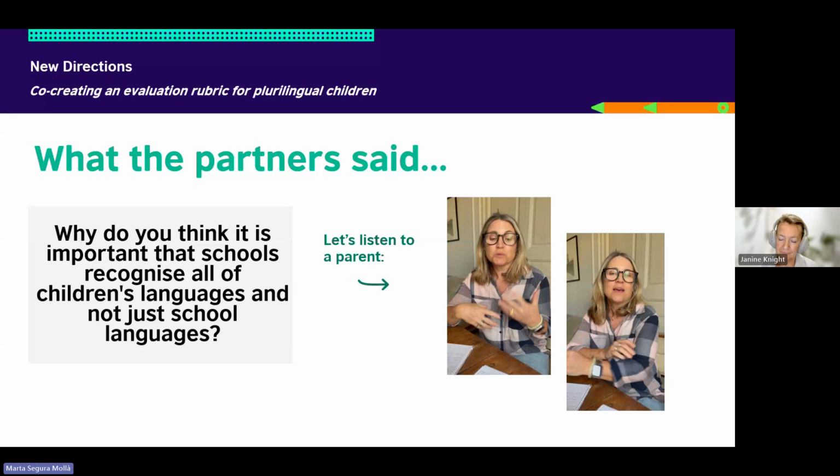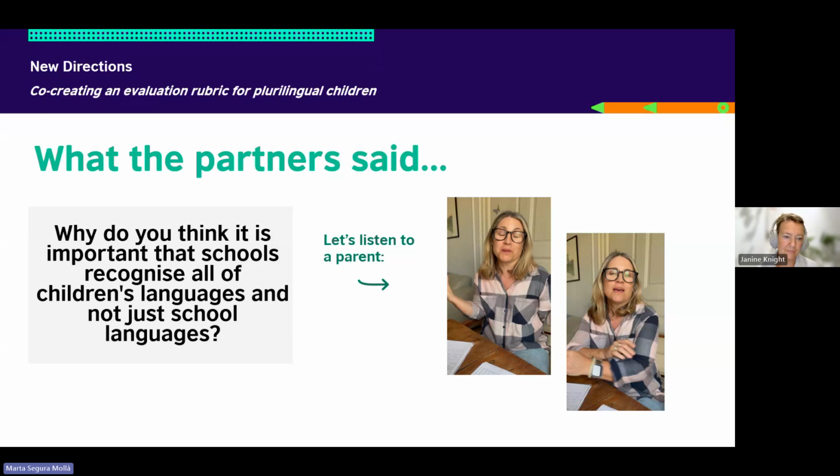And so expressing ideas, creativity, all of that I think is much more challenging. And so if there's a way to draw on their native language where they have a much broader range of expression, I think is really validating for the kids and for the group, I think, as a whole.